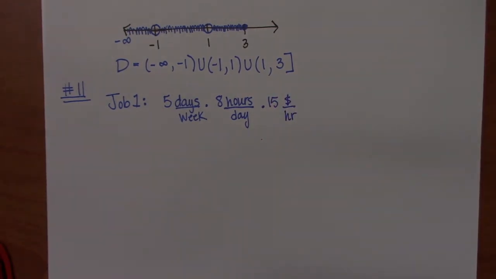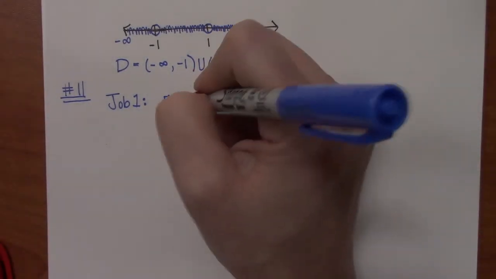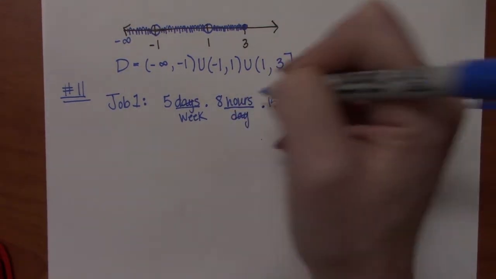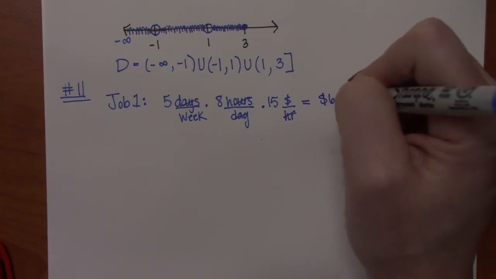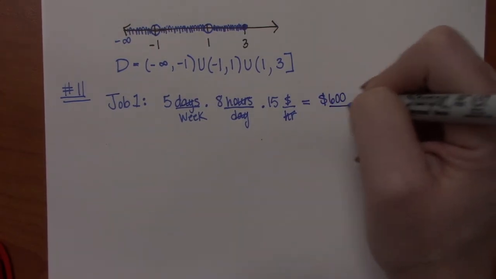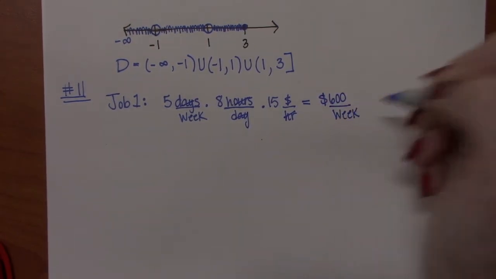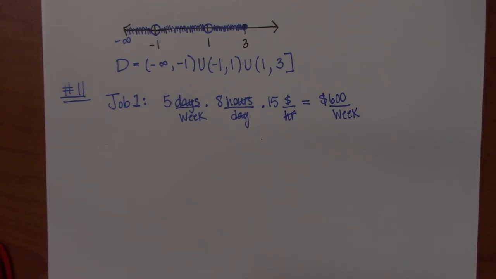If you look at this, and any of you that are taking chemistry, I'm going to do a little dimensional analysis. You can see here that days cancel days, hours cancel hours, and this works out to be $600 per week. So now what you have is the rate of money per week that he's making. That's what the line has to be defined in, weeks.